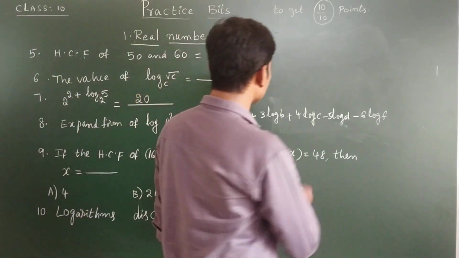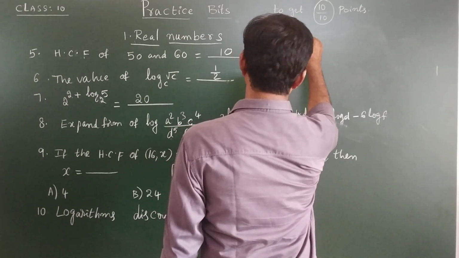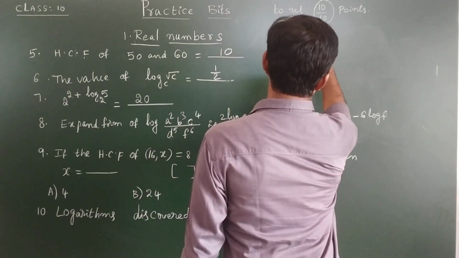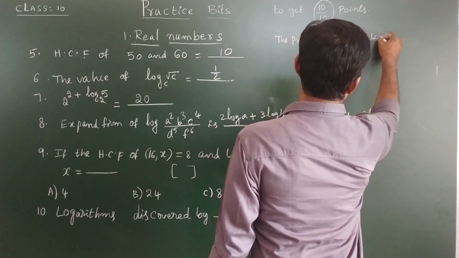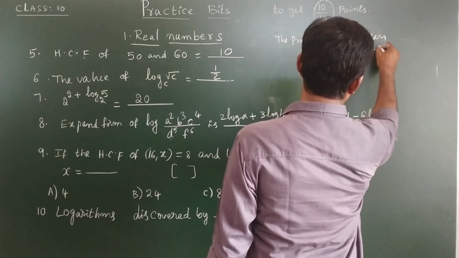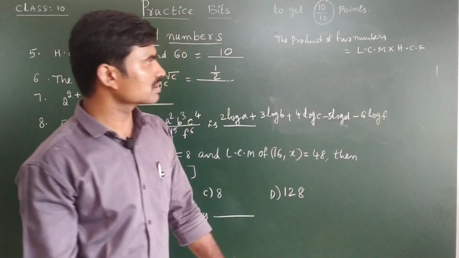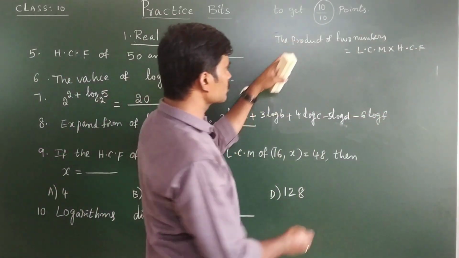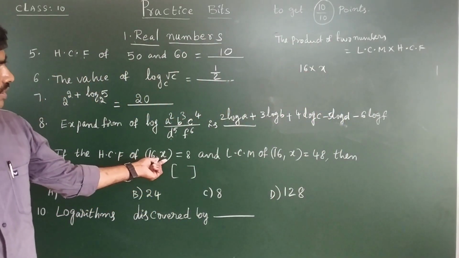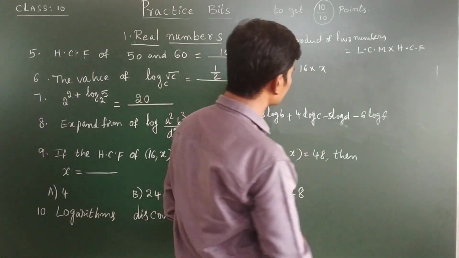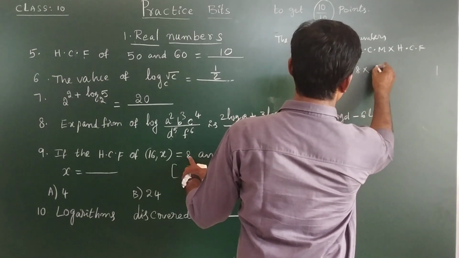Here one formula is there: the product of two numbers is equal to the product of their LCM and HCF. So the product of two numbers is 16 into x, given the two numbers are 16 and x. So 16 into x is equal to their LCM 48 into their HCF 8.